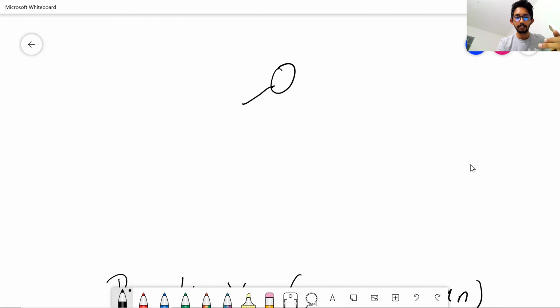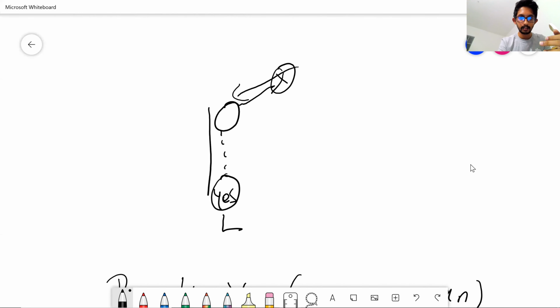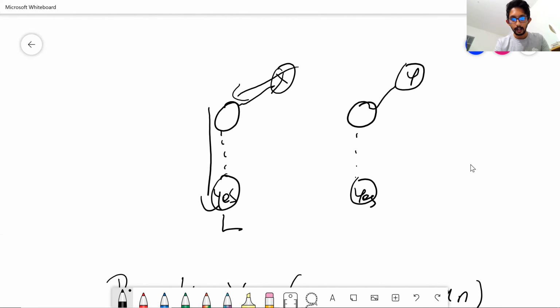So you have a decision tree and some other decision tree, and this is yes, this is the leaf node L. So for x, it goes like this and like this. And for y, we also assume it goes like this and like this only.